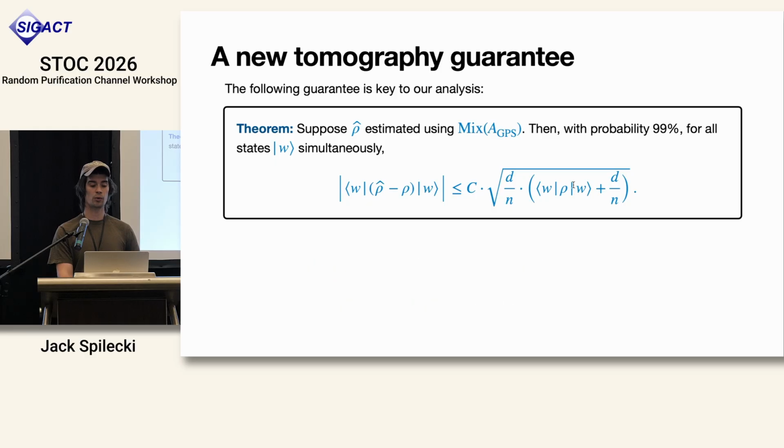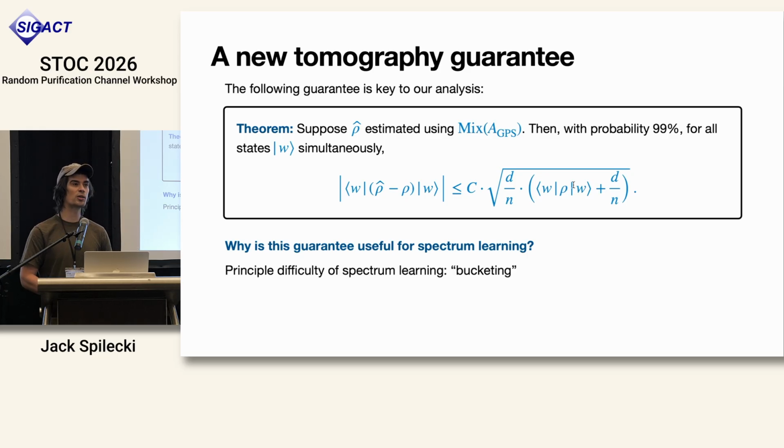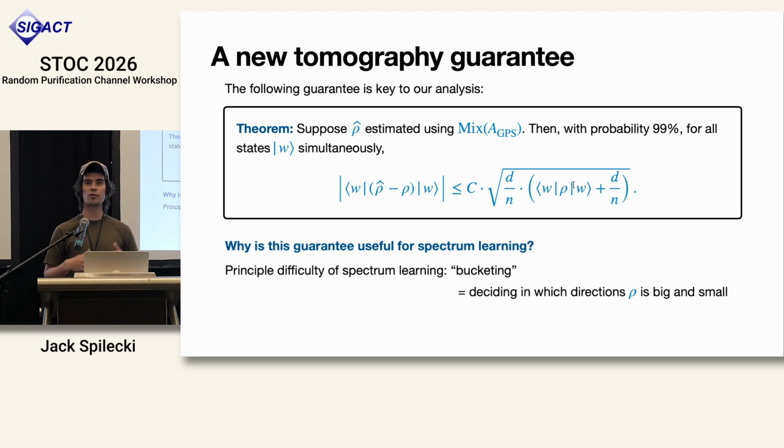Okay, so why is this useful for spectrum learning? I'll just sketch the reasoning, some intuition. It's because the principal difficulty of spectrum learning is bucketing, which is deciding which eigenvalues are big and which eigenvalues are small. And the reason we want to do this is because our algorithms learn the big eigenvalues and the small eigenvalues separately.